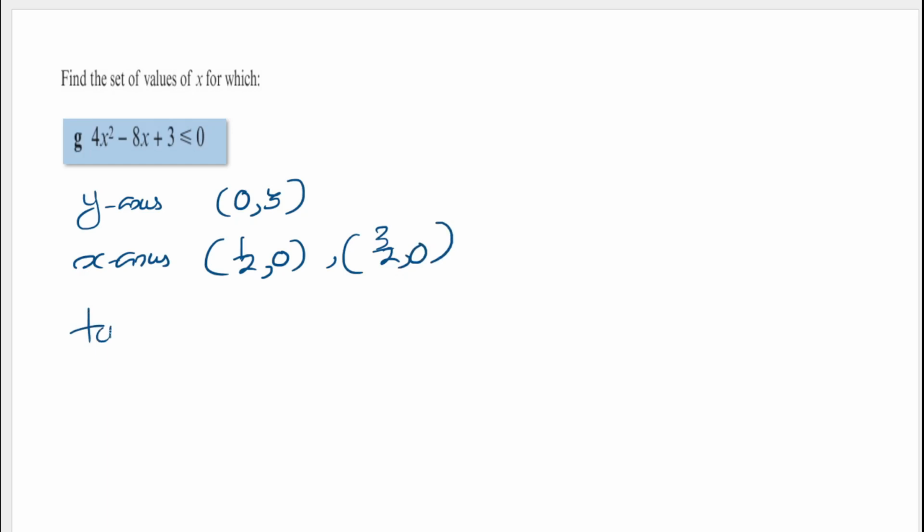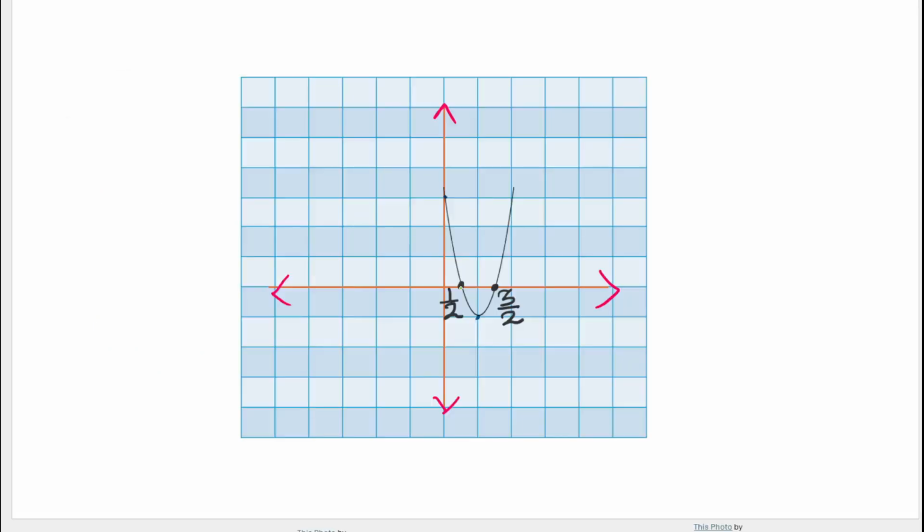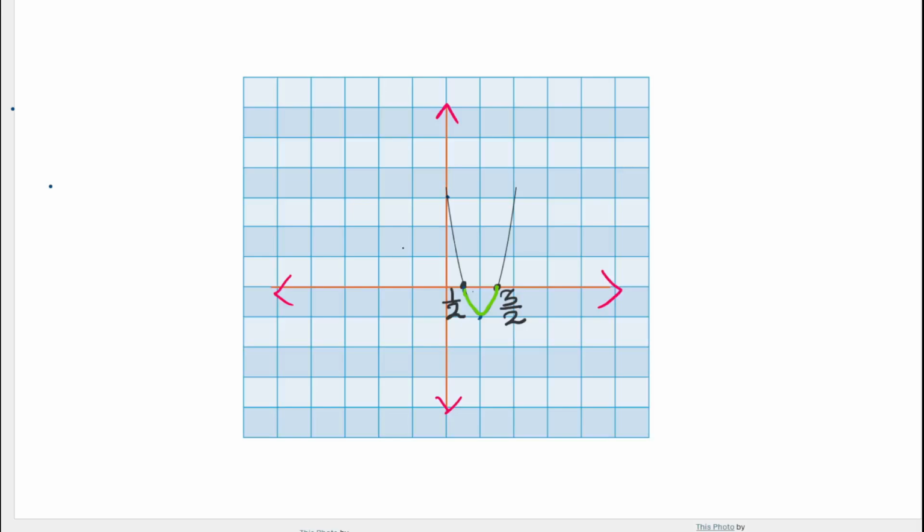Now the turning points are (1, -1). Here the inequality x² - 8x + 3 ≤ 0 is represented by this portion of the graph. And the corresponding x values are given by this portion.